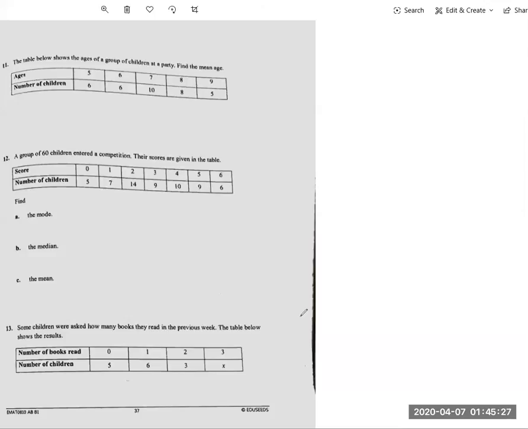Now, question number 12 is slightly different. Why? Because the data that's given is in the table form. And remember, if the data given is table form, when you calculate the median, you have to create the third row. Okay? Now, let's create the third row first.